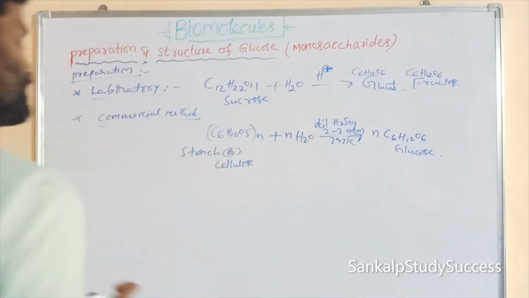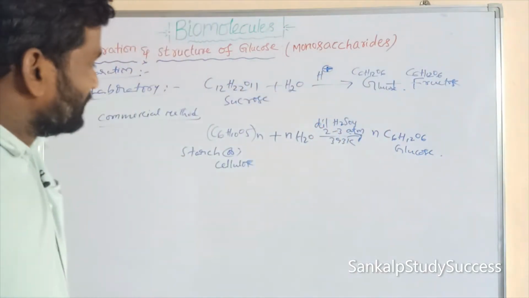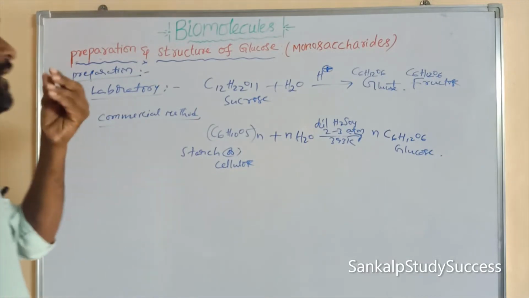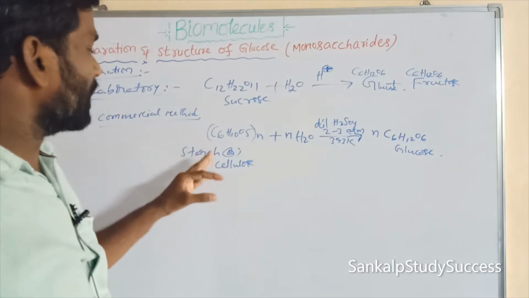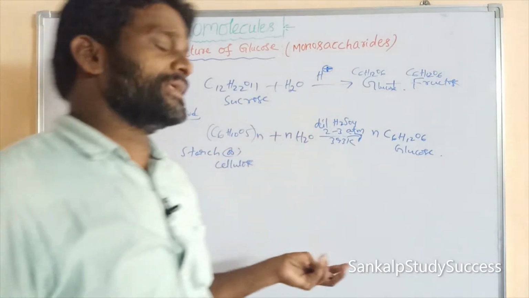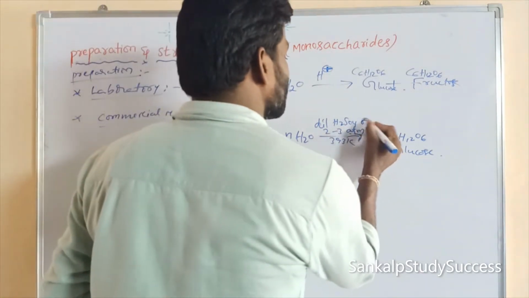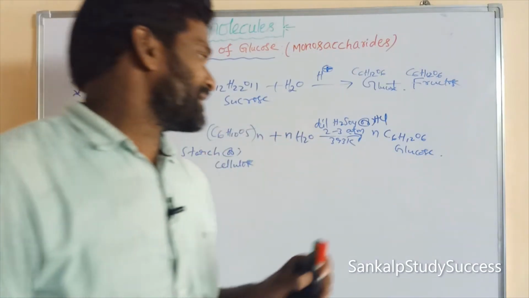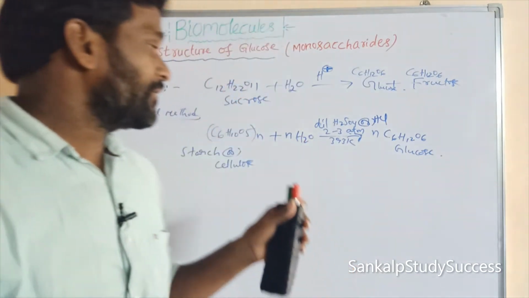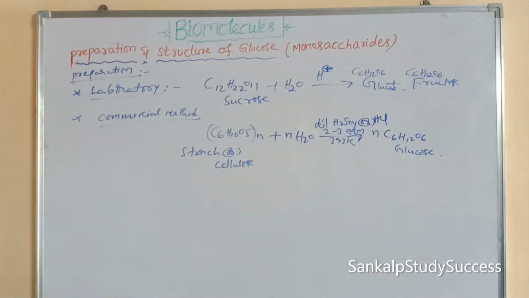So this is the commercial method: a large amount of glucose is prepared by hydrolysis of starch or cellulose with diluted H2SO4 or diluted HCl at 2 to 3 atmosphere pressure and 393 Kelvin temperature. So these are the preparation methods.